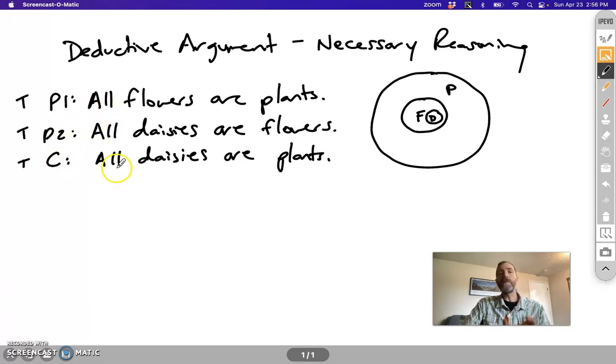It has a good form, and it has all true claims. But we'll learn more about that in the next couple videos. The important thing to gather from this video is that the argument is deductive. The conclusion is made certain by the premises.